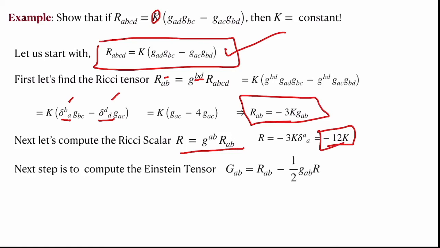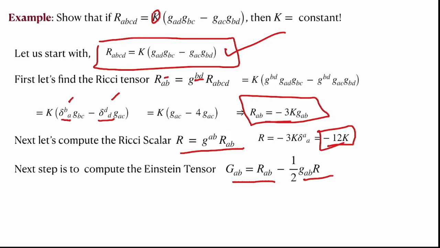Once we have computed the Ricci tensor and Ricci scalar, we can easily compute the Einstein tensor. G_AB is equal to R_AB minus half g_AB R. So you might ask why we are going through all this exercise to show that k is constant. The only identity which we have is that the divergence of the Einstein tensor is 0, and that is a way to show that k has to be constant.